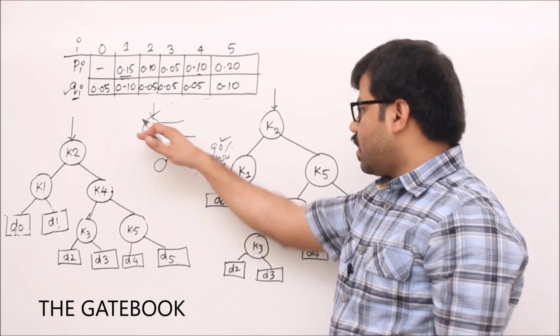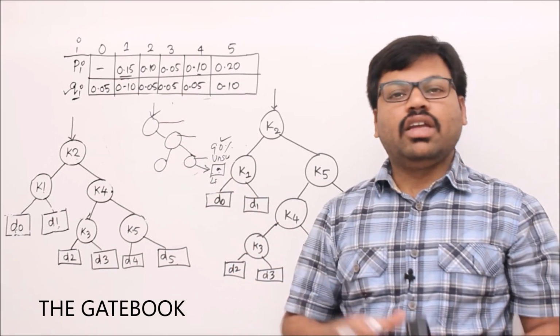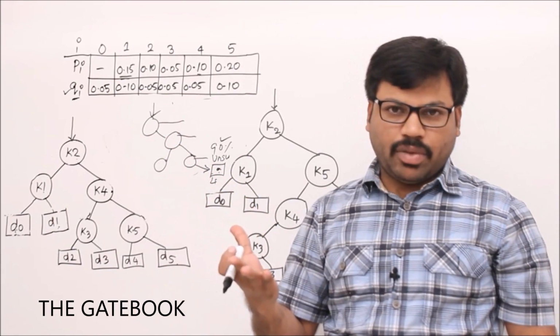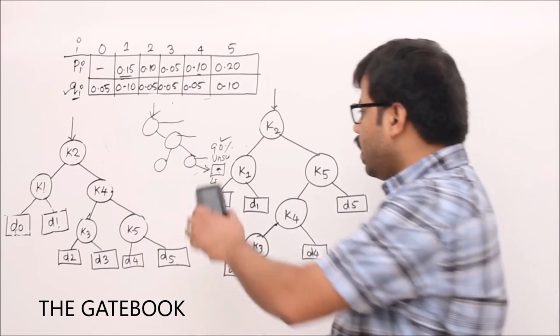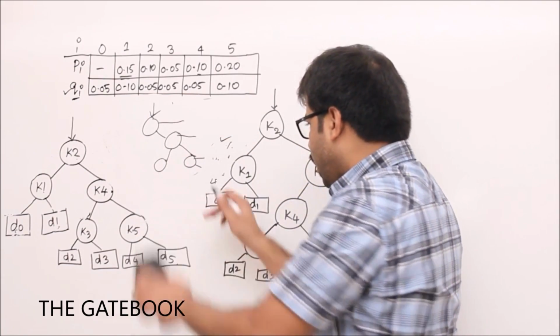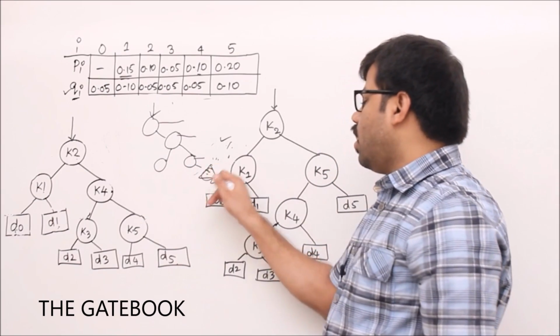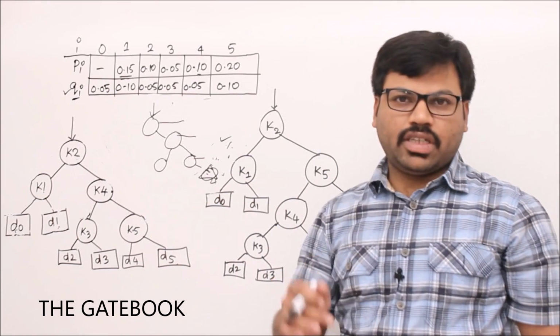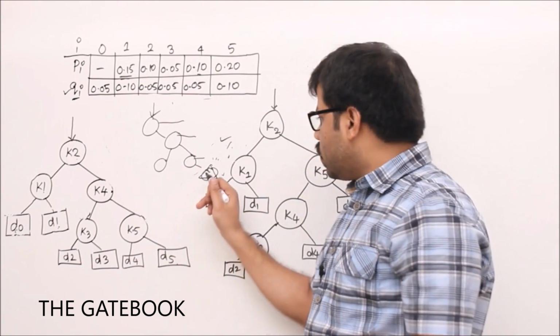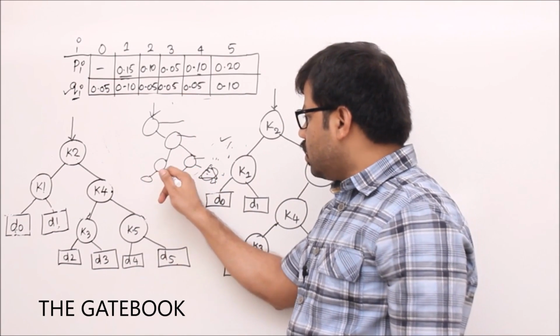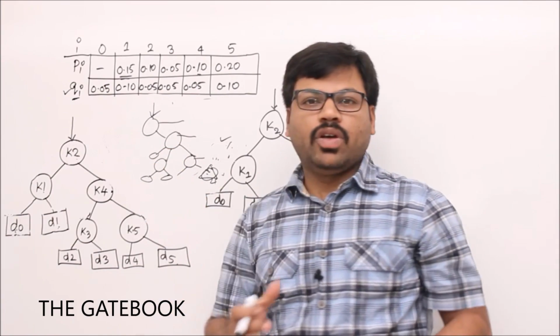If you take this kind of tree, then definitely it will not be optimal, correct? To have an optimal structure, this unsuccessful search area should also be optimized. We should keep that closer to the root. Not only this one, there are so many unsuccessful search areas, we have to keep them closer to the root.